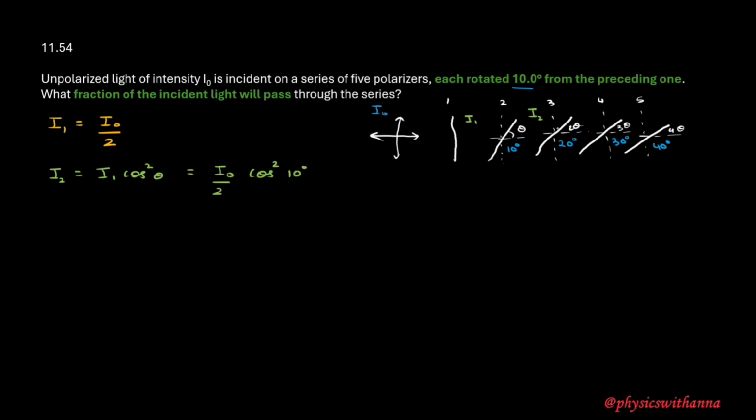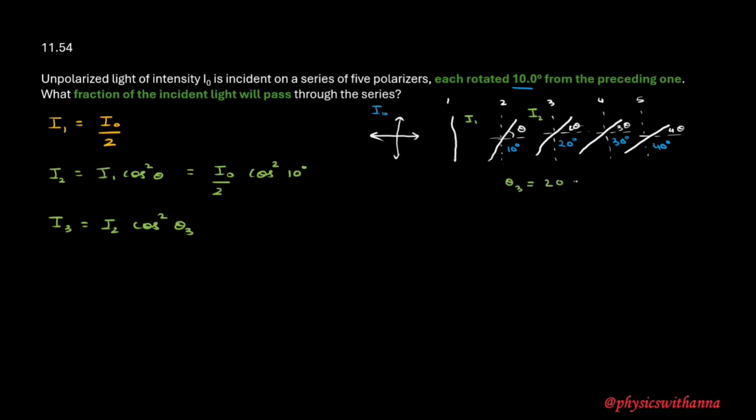Then this is incident on polarizer 3. We can find the intensity coming out of polarizer 3 as I3 equals I2 cosine squared theta 3. Theta 3 is the angle between polarizer 2 and polarizer 3, and you can find this by subtracting the angles they make with the vertical.